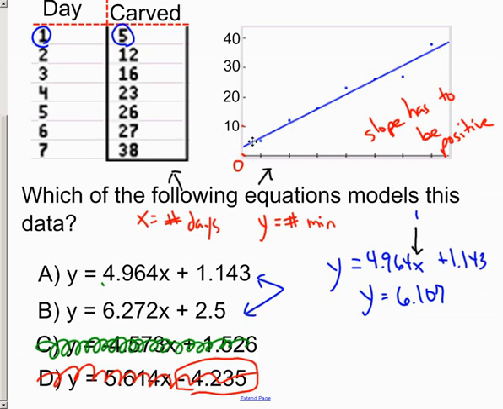Keep in mind, the line of best fit, it's not exactly there. We're just saying what's closest. So now I'm going to put this one in green, and let's try this one. Y equals 6.272x plus 2.5. Let's plug in a 1 here and see if we get a 5.